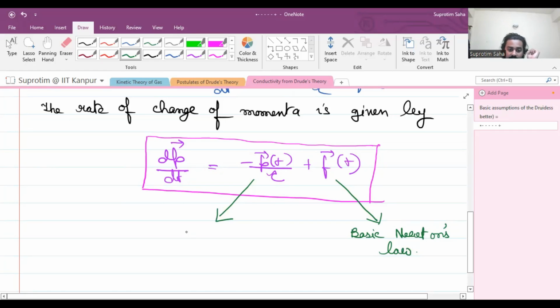And the first term is your drag term. This comes because of the collisions.